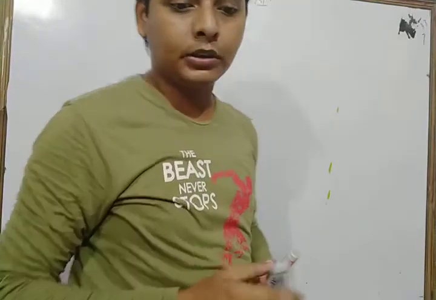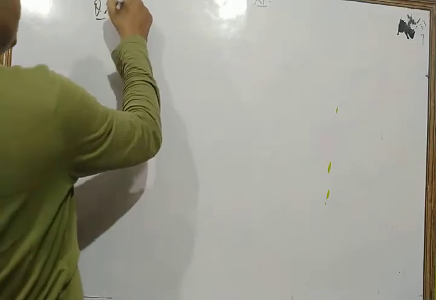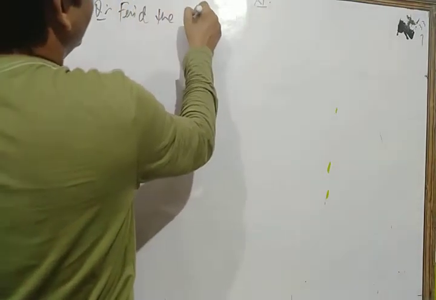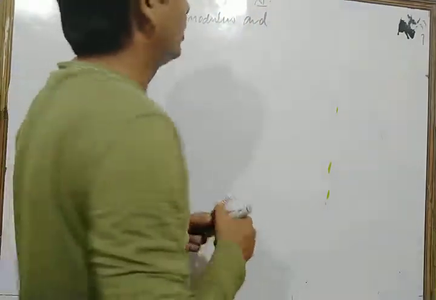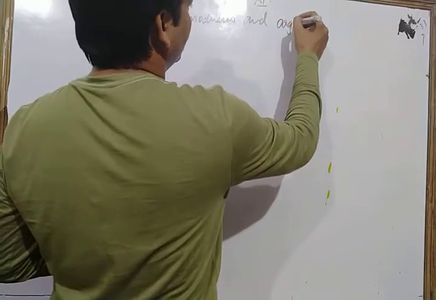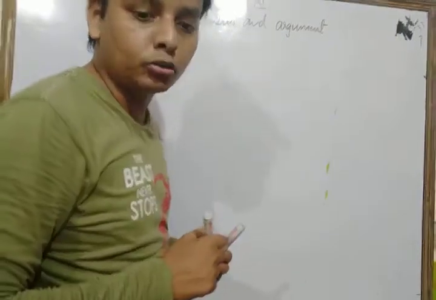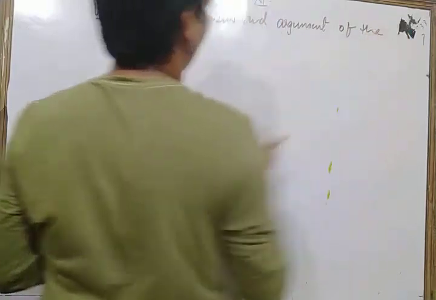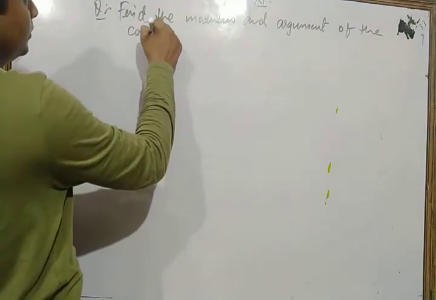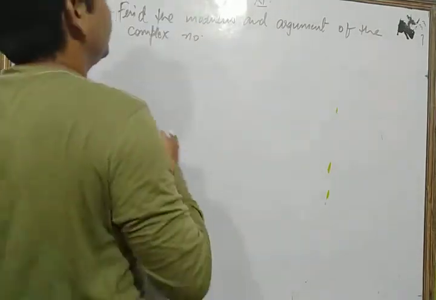Your first question is: find the modulus and argument of the complex number 1 plus i root 3.